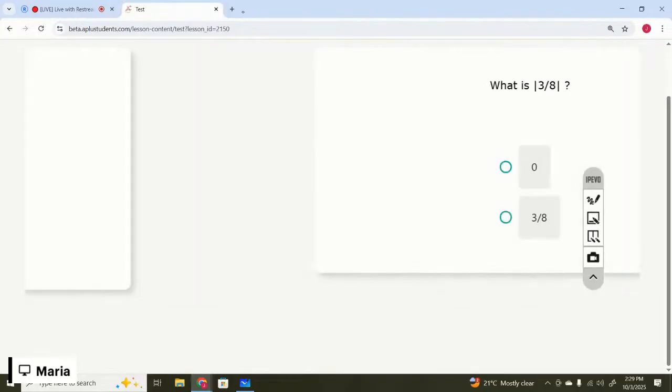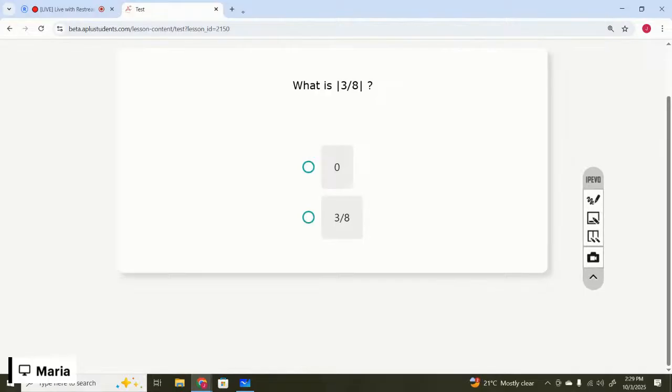Option number 2 is the correct option. What is the absolute value of 3 by 8?